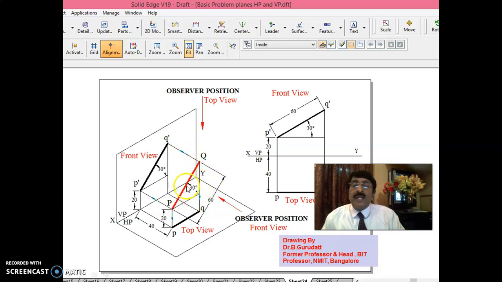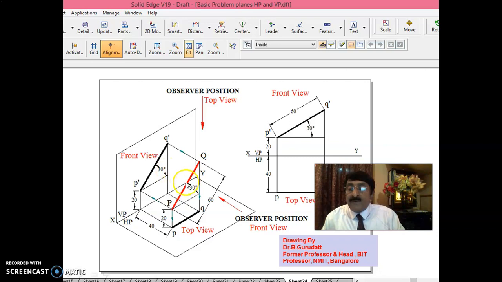In the same way, in these midpoint problems, instead of fixing P, I'll fix M, which is the midpoint. The midpoint distance above HP and in front of VP will not change. Whatever the distance is, you fix it. If they don't give it, you assume the distance. Once you assume the distance, that should not change. It will be constant.